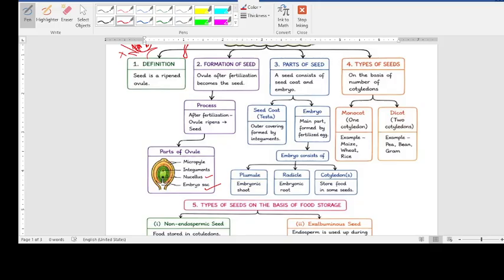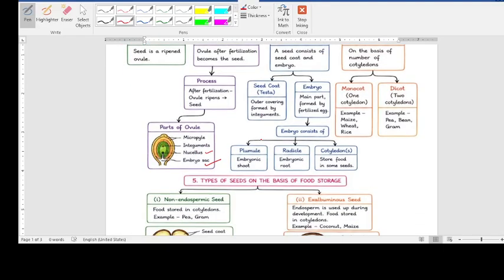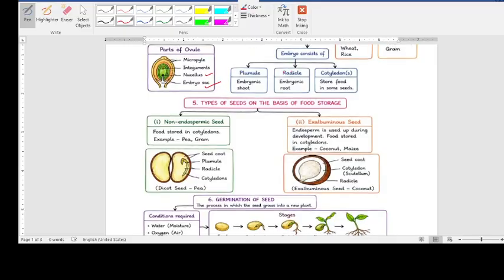So let's move with the types of seed and parts of seed. When we talk about parts of seed, each seed consists of two structures. One is called the embryonic axis and the second is called the cotyledons. If you can see this seed, it has the embryonic axis, and this embryonic axis consists of the plumule which will form the future shoot, and the radicle which will form the future root.